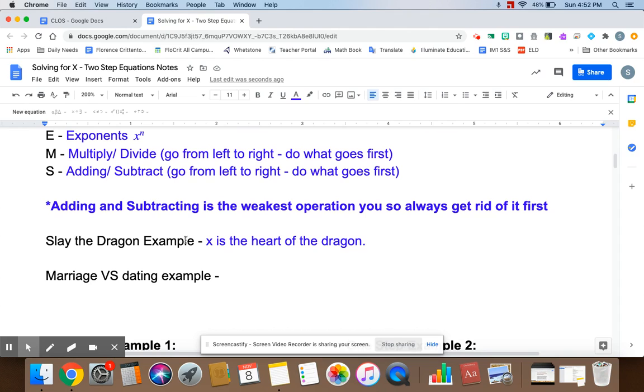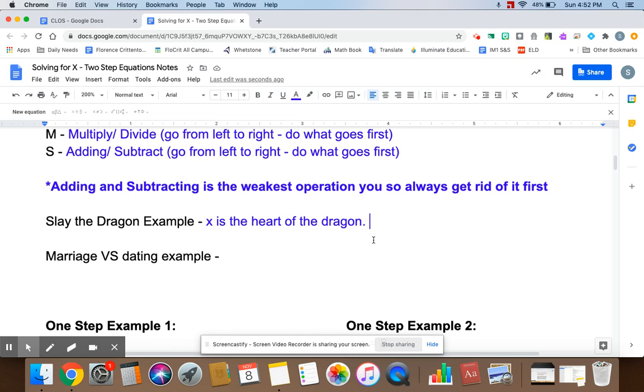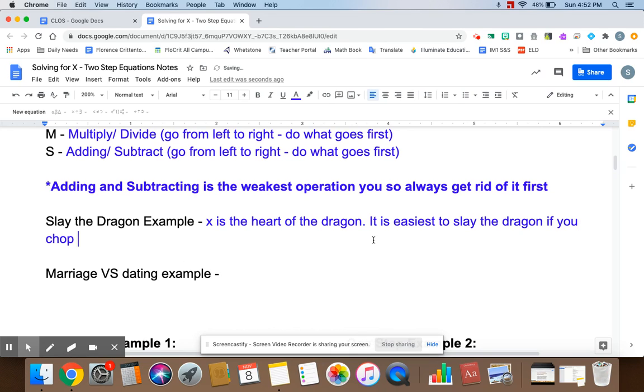So in order to get to X all by itself, it is easiest to slay the dragon if you chop off the weakest parts first.